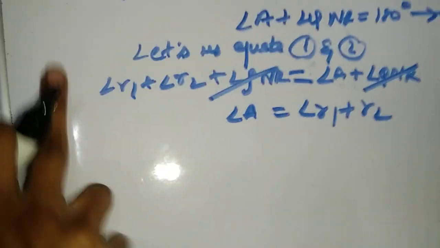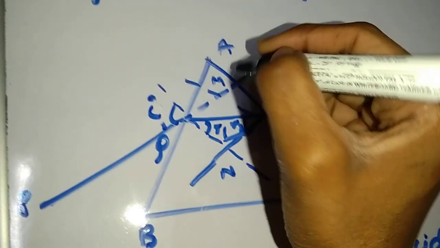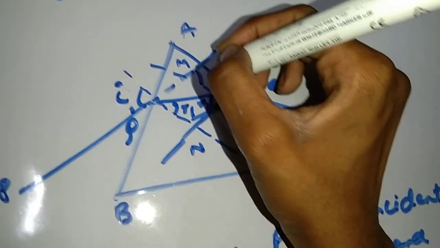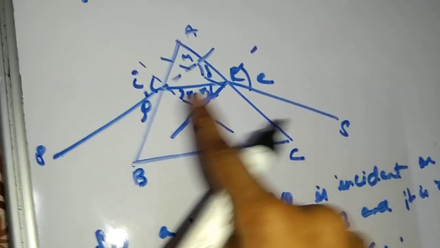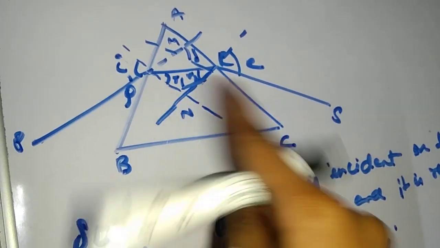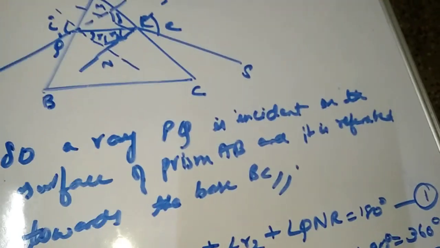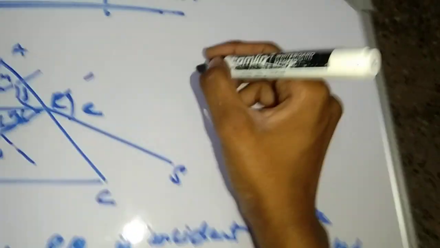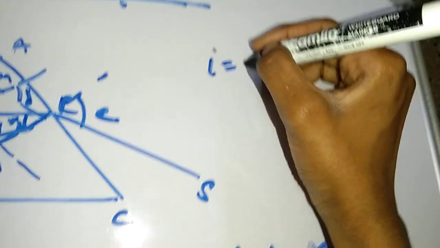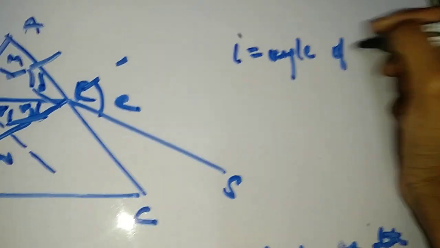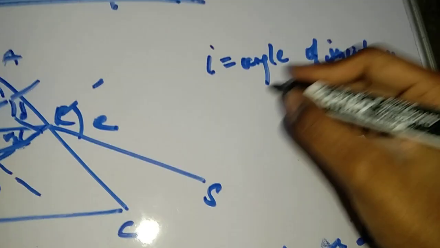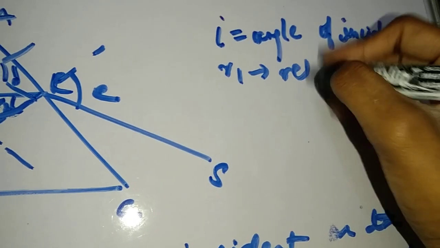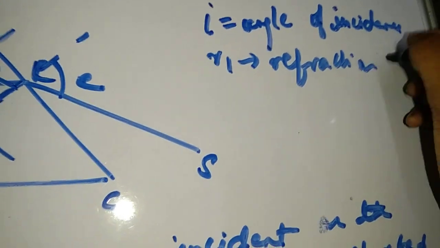Now we are going to use the deviation symbol. Now deviation is, here you can see all the angles you have drawn. Now just draw a slight deviation here. Okay, deviation, angle I, E, R1 and R2, refractions. And to not get confused, even in the exam hall, just write this one. I is equal to the angle of incidence, and R1 is nothing but refraction 1.